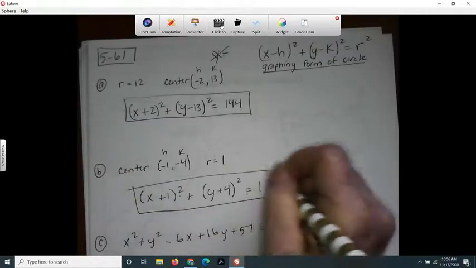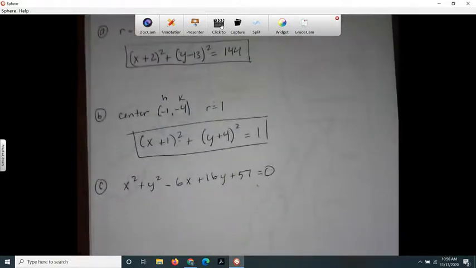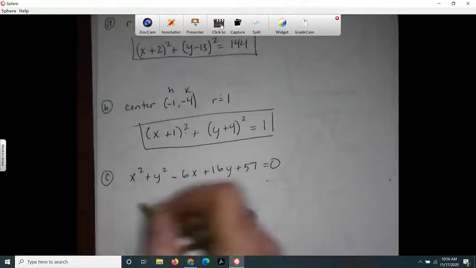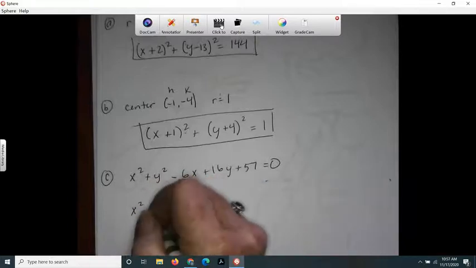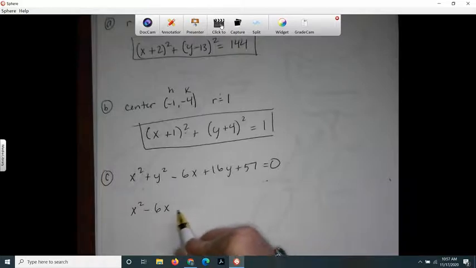Okay, and so then this one, it says a circle with this equation. Hint, complete the square for both x and y. So we haven't had a lot of practice with this. So what you want to do is get the x's together. I'm going to leave a little blank area right here for my special complete the square number, which I'm going to add in here.